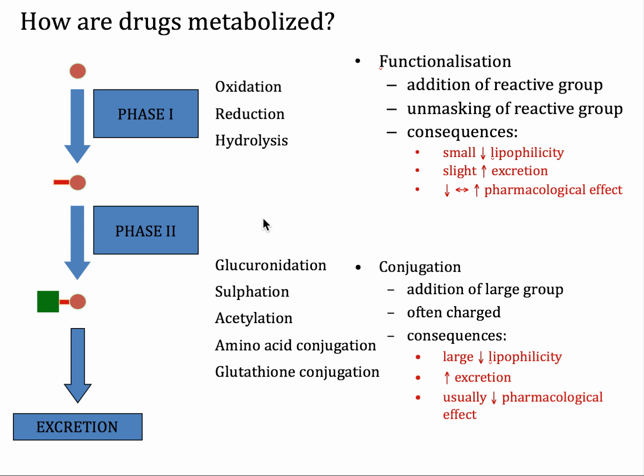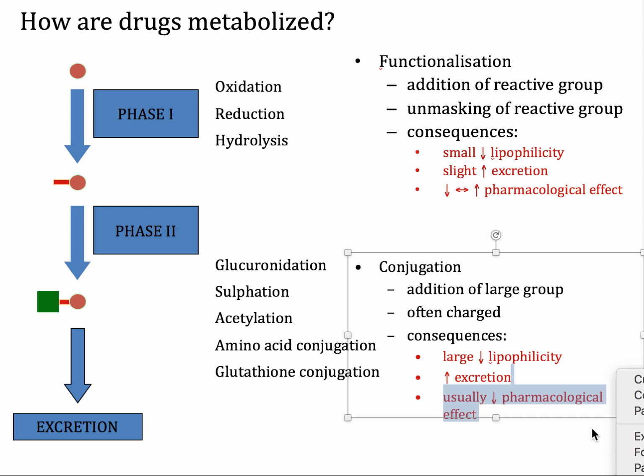But once you get to phase 2, what phase 2 does is conjugation. There's an addition of a larger group of molecules, so it's often charged, and this is often given by a donor, and they have various different types of enzymes and cofactors that play key roles, and we'll go through each of them in a minute.